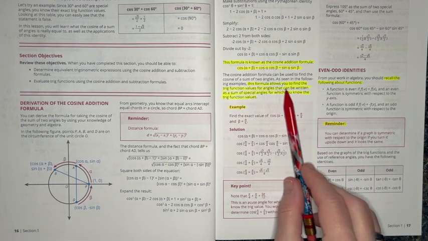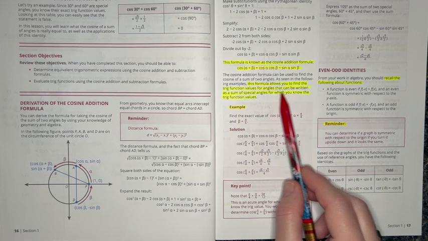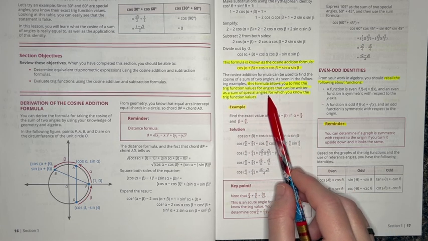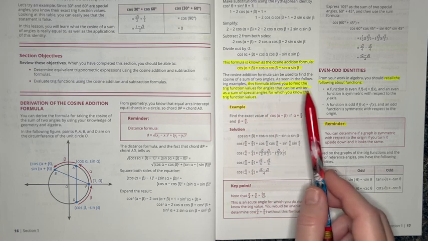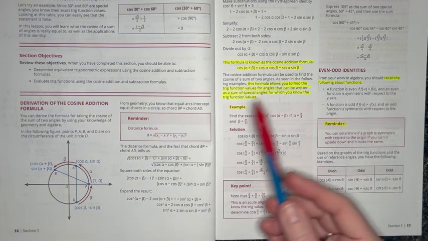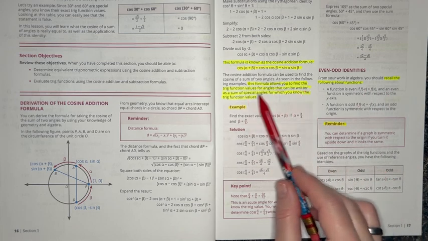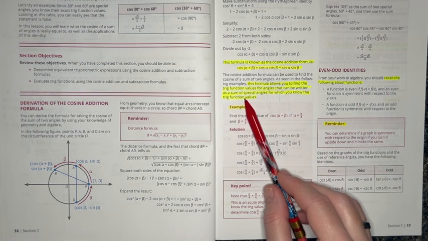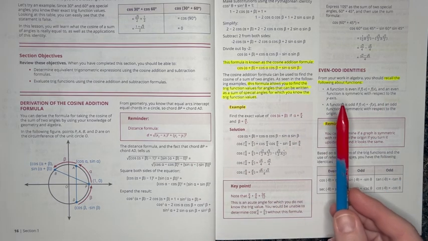Okay, so this formula allows you to find the trig function values for angles that can be written as a sum of special angles for which you know the trig function values. Okay, so we're solving for an angle we don't necessarily know the exact value for, but we can break it apart into special angles and then use those special angle numbers to solve.